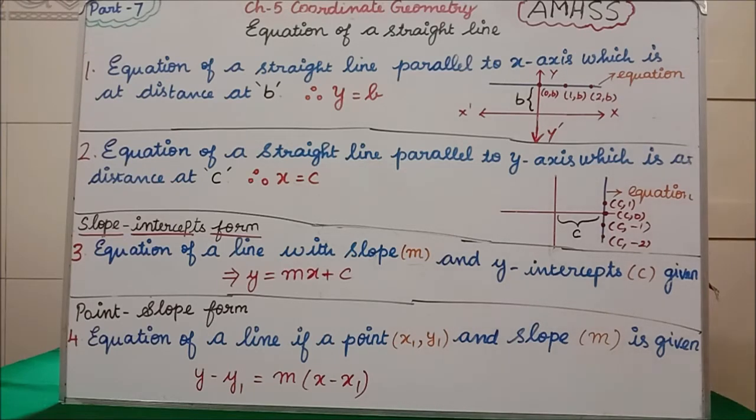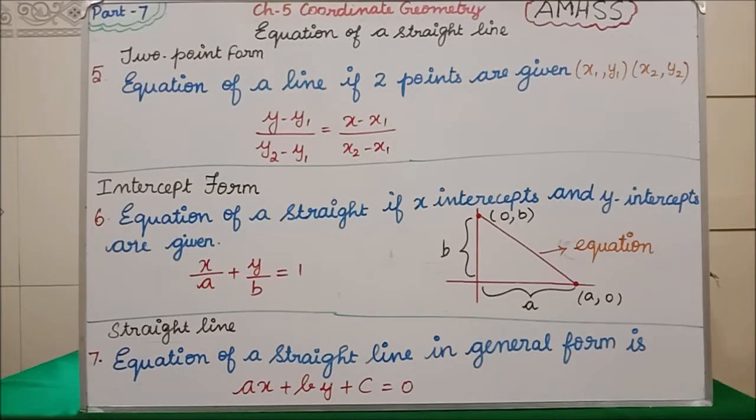Clear, students? Next, we still have three formulas. This is our fifth formula. See, the equation of a line if two points are given. What are the points? (x1, y1) and (x2, y2).